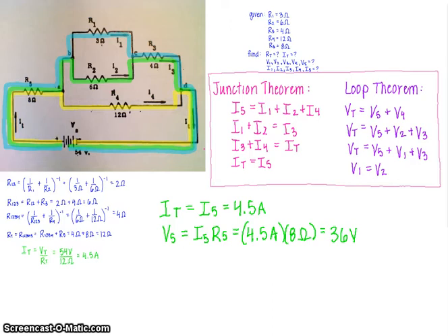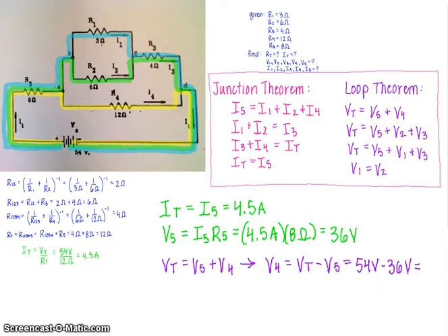Taking a look back up at our equations, now that we have V5, and we know V total, we can use this first equation that we wrote in the loop theorem to get V4. So V total is equal to V5 plus V4. Therefore, V4 is equal to V total minus V5.